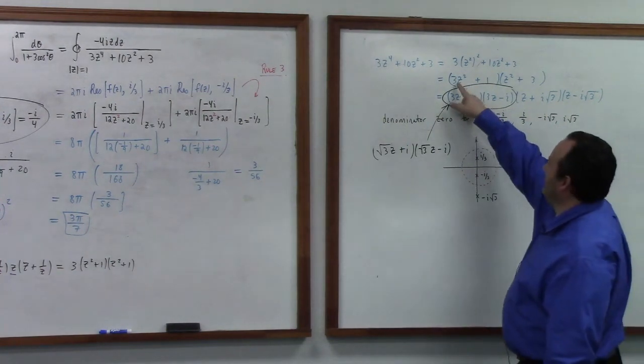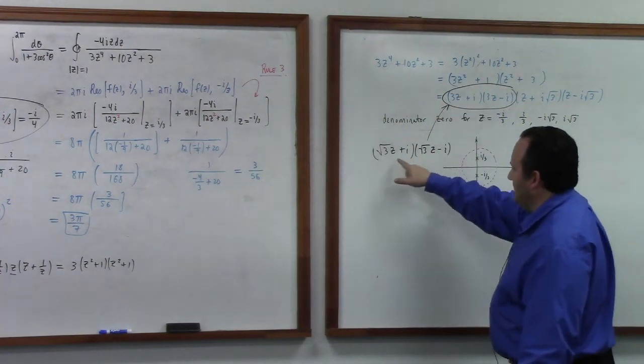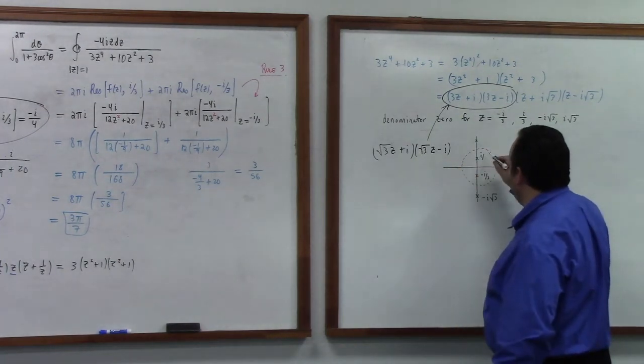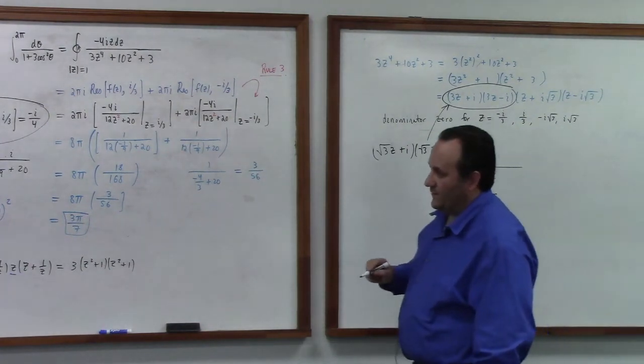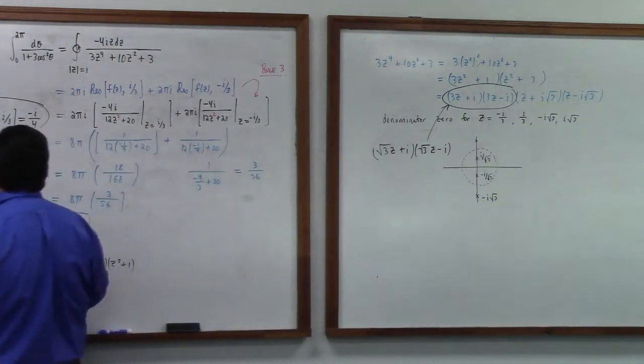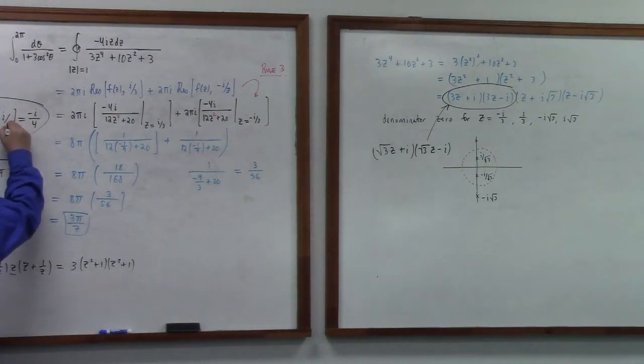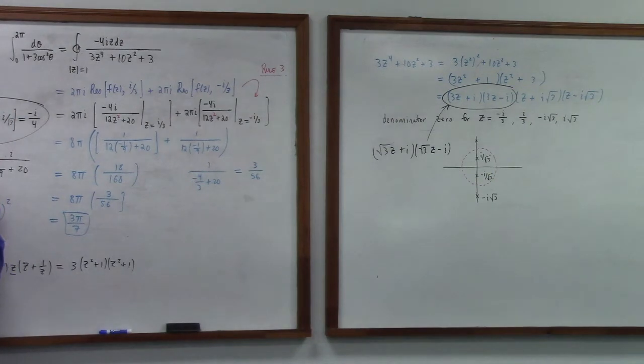But you see, that factors to root 3z plus i, root 3z minus i. So this is supposed to be i over root 3, minus i over root 3. So we're not supposed to be evaluating at 1/3. We're supposed to be evaluating at i over root 3.